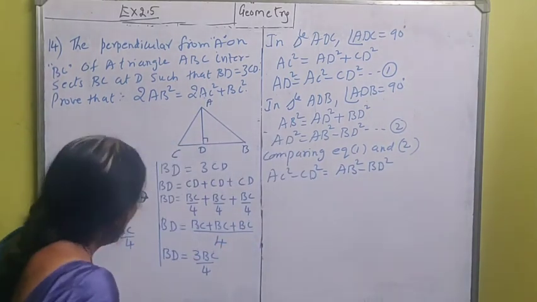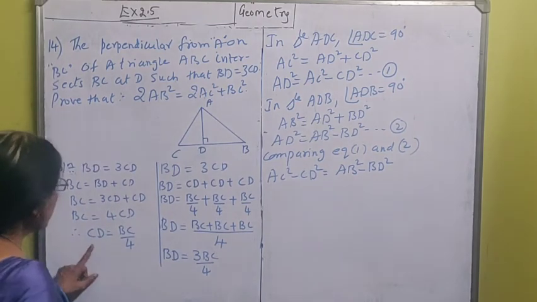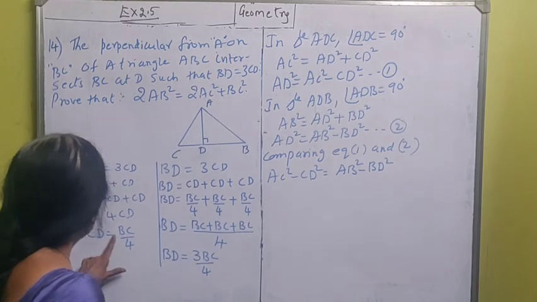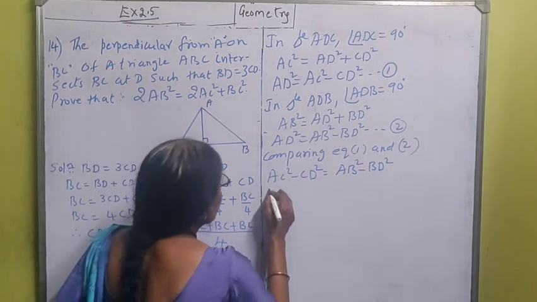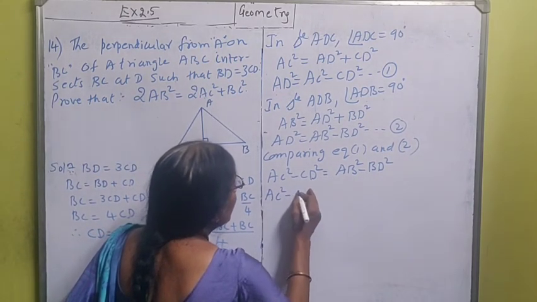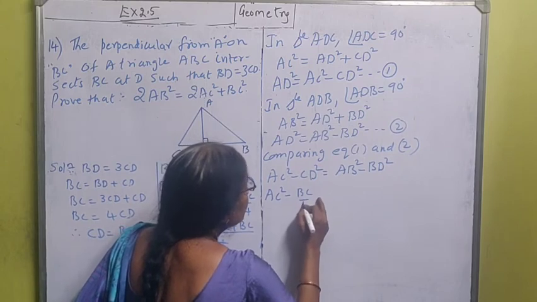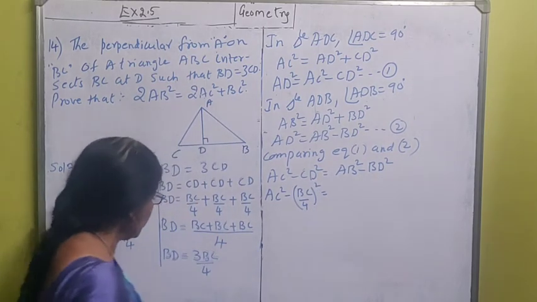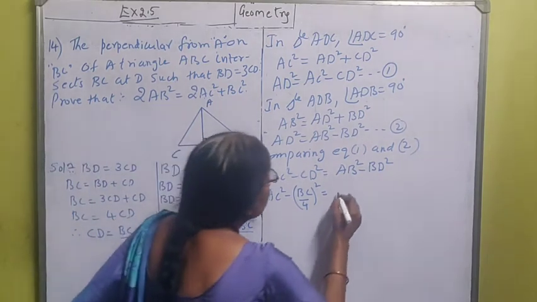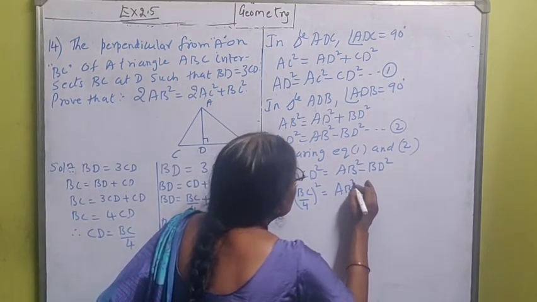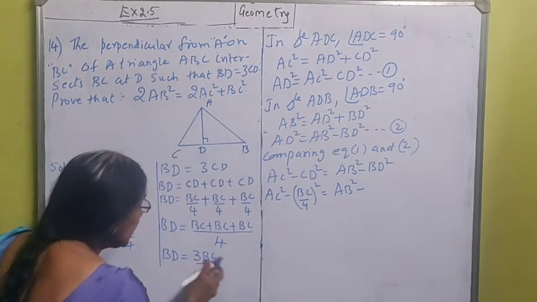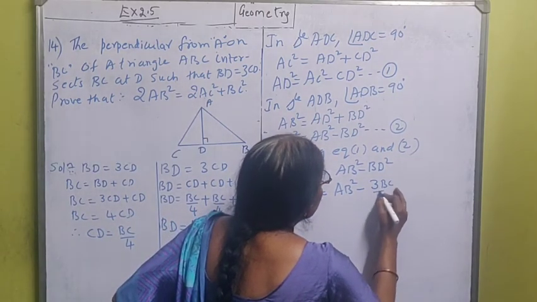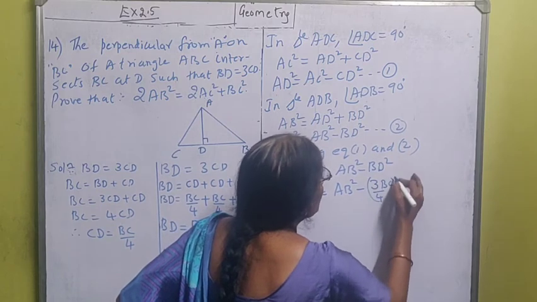Now, CD you got as BC by 4. So in place of CD, I am going to keep BC by 4. So we get AC square minus BC by 4 the whole square is equal to AB square, which will remain as it is, minus BD, which I got as 3BC by 4 the whole square.